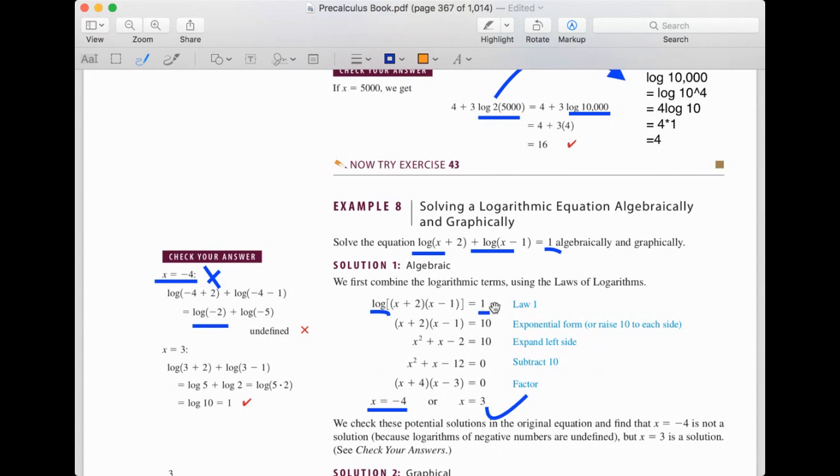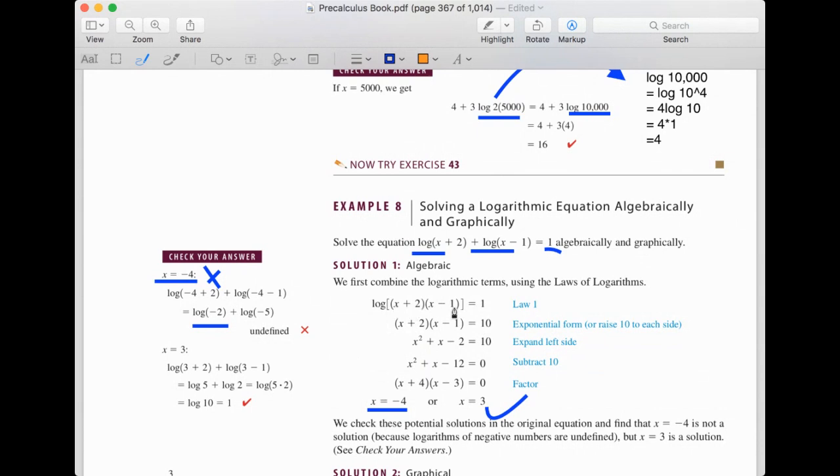Now, what's log 1? Well, let's rewrite this log equation. Now we want to write this log equation into exponential form. Log without a base is base 10. So that means 10 raised to 1, which is 10, equals the value inside the log.